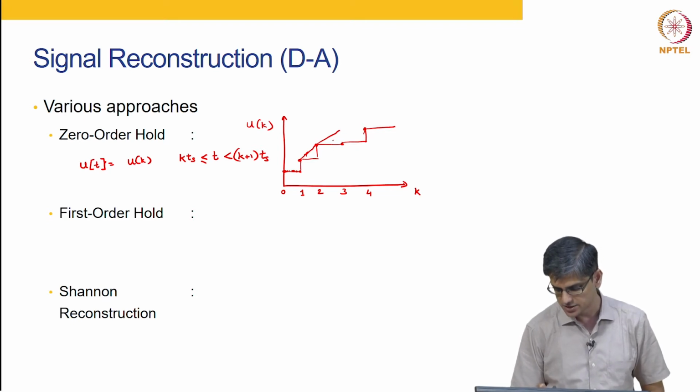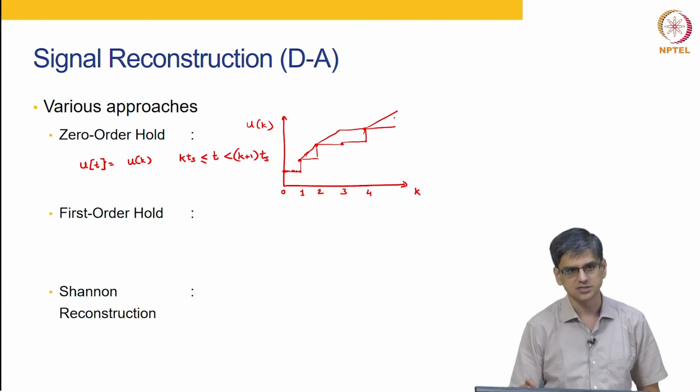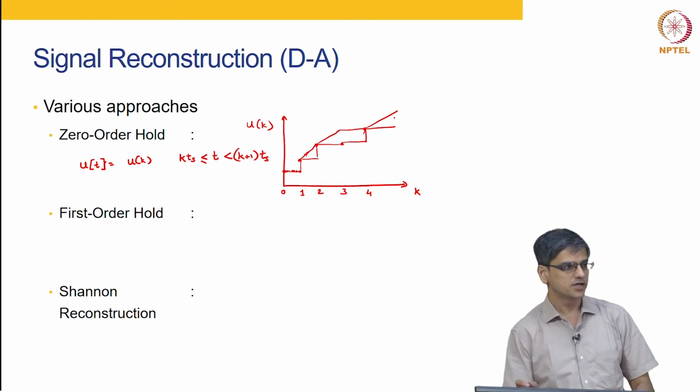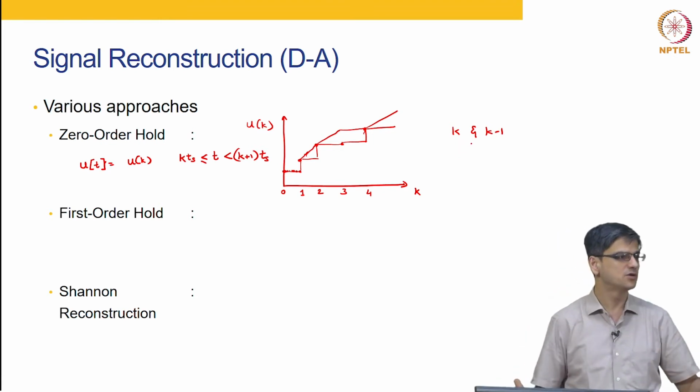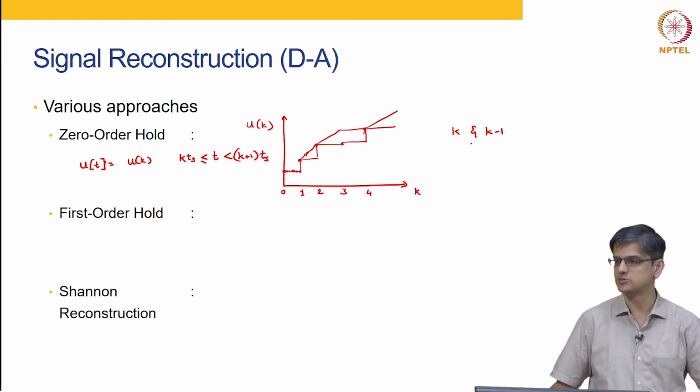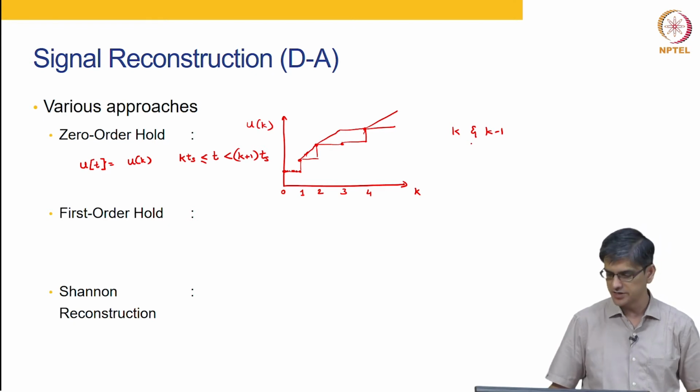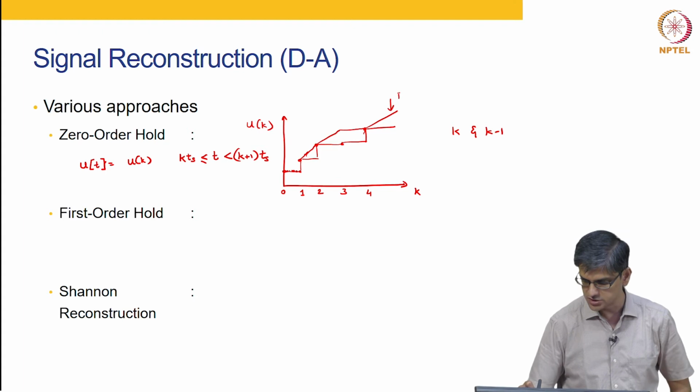The fourth one is in this direction, so we will go in this direction. The fifth one is in this direction, we will go in this direction. So, what you are doing is you are using k and k minus 1 to predict how the behavior from k to k plus 1 is going to be, and the kind of signal that you get is called a first order hold signal.